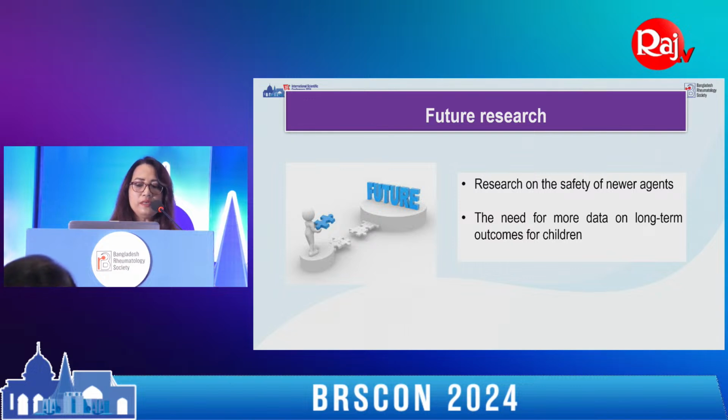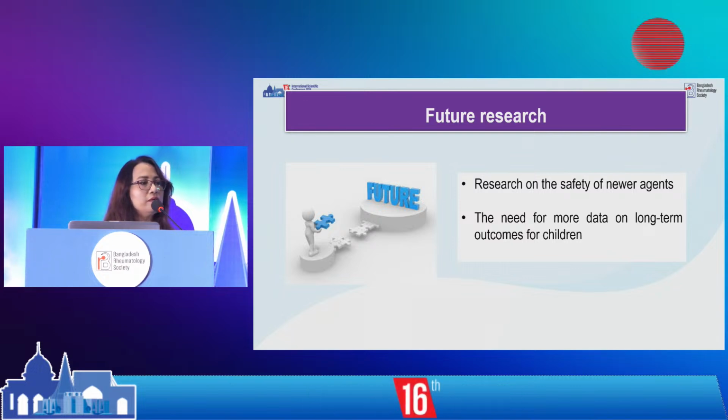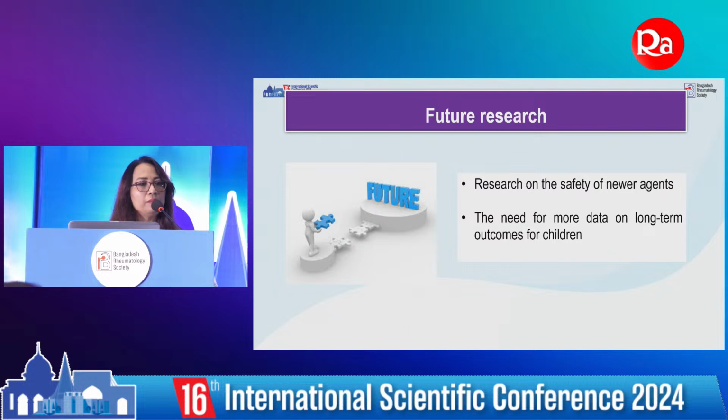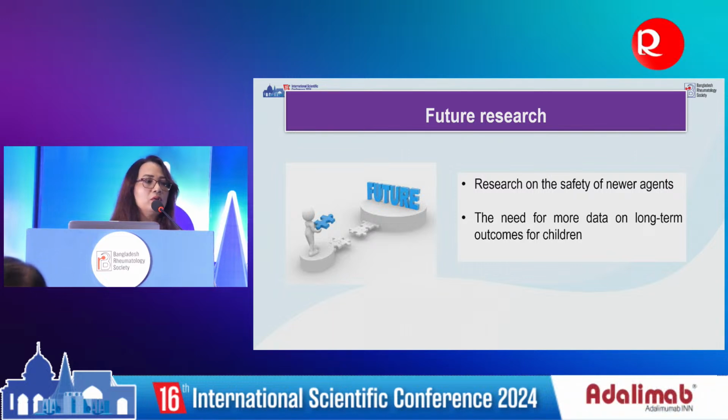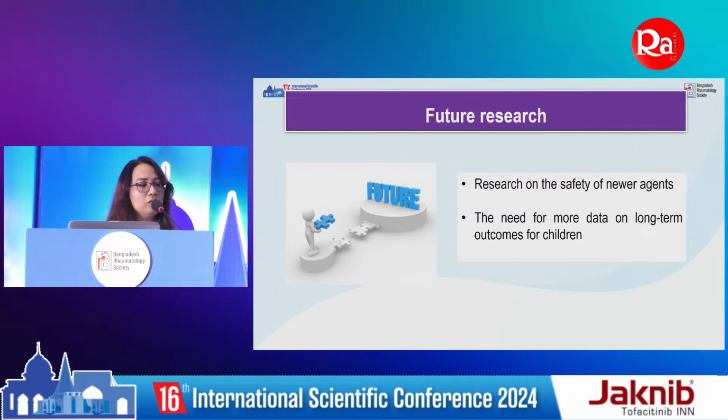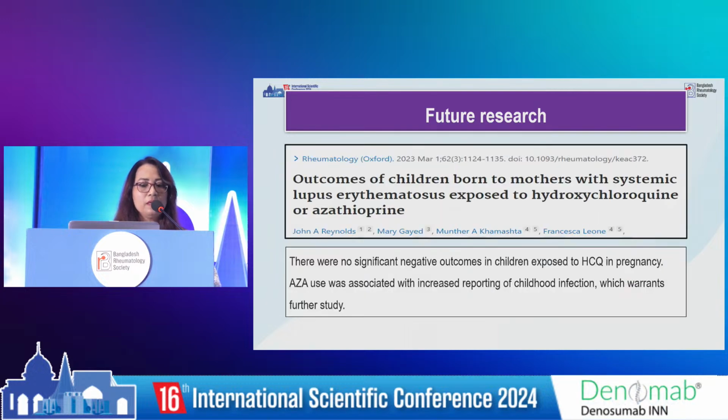For future research, the safety of newer drugs is very important. We need to plan how we can get more information. We also need more data on long-term outcomes of children whose mothers were on anti-rheumatic medication during pregnancy.